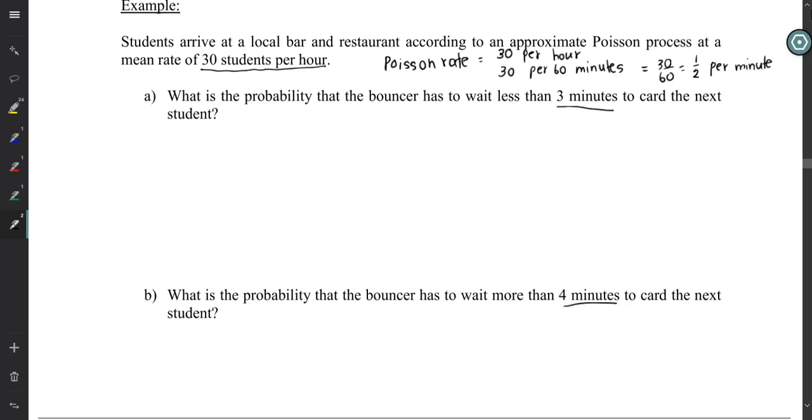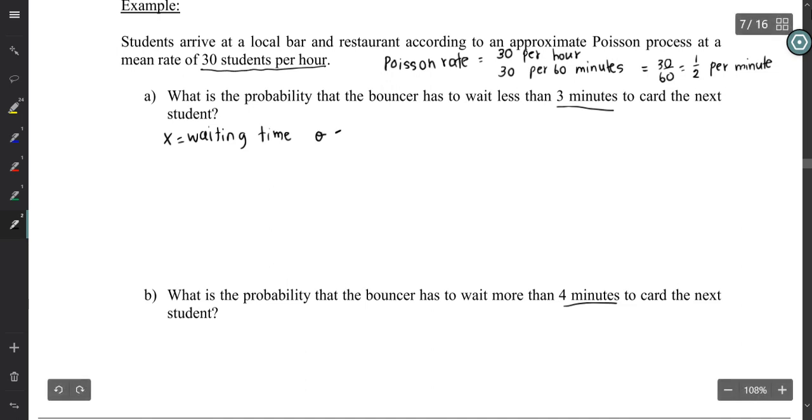Okay, so we can define our waiting time X. X is our waiting time, and it is our random variable, and for the exponential density we need theta. Theta is 1 over lambda, where lambda is our Poisson rate, because it's the mean rate.